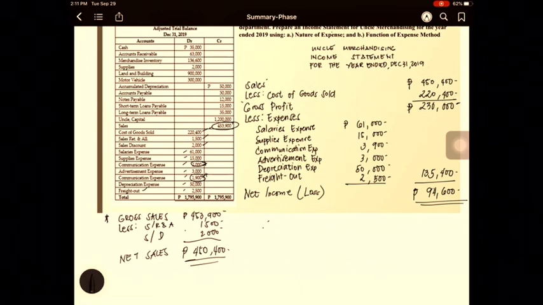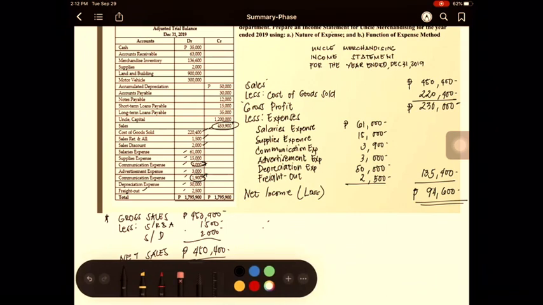So that is for the nature of expense. What if we are required now to make use of your function of expense method? Well, it's still easy.